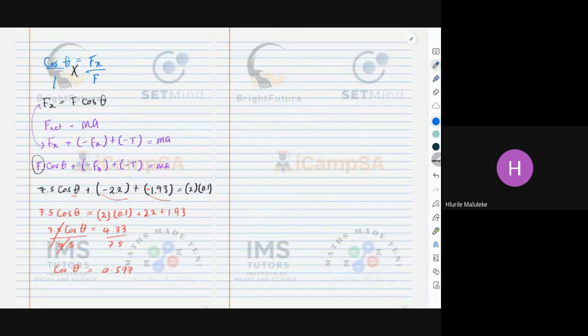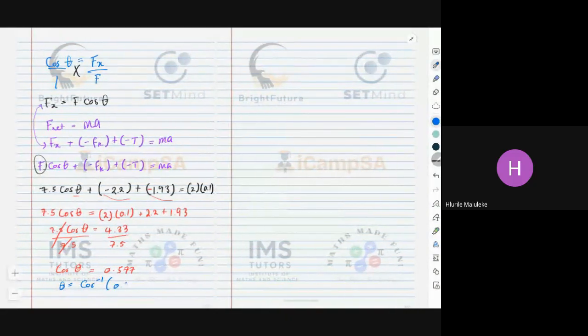Since we want theta, we can say theta is equal to cos inverse of 0.577. What is the answer for our theta?